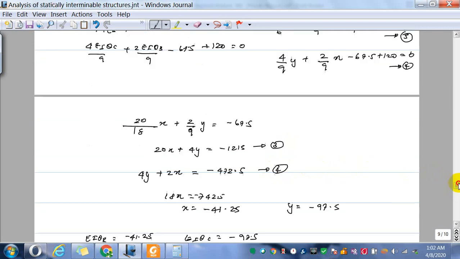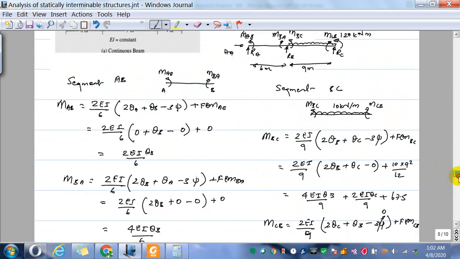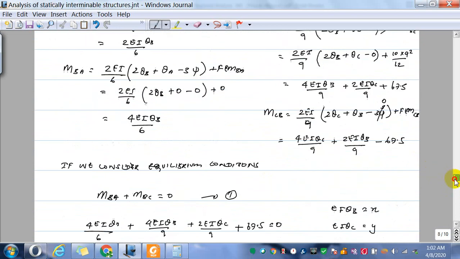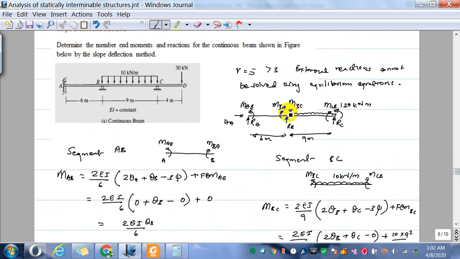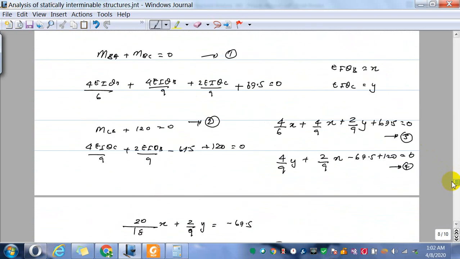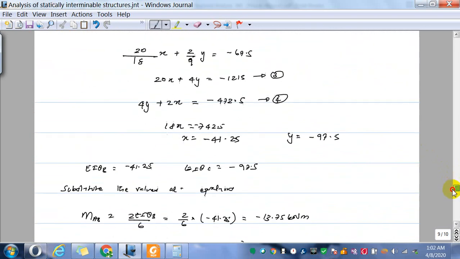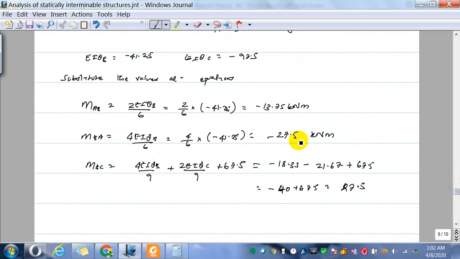So you can see that MBA is equal to MBC. So MBA is 27.5, MBC is 27.5. So when you add these two, it becomes 0 kilonewton meter.